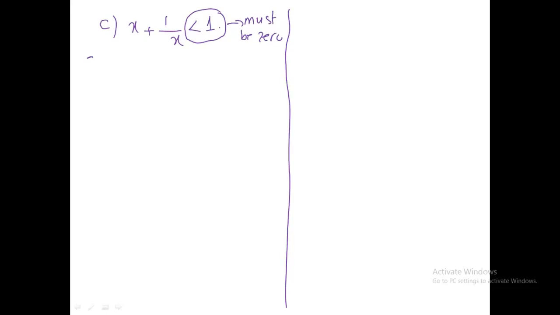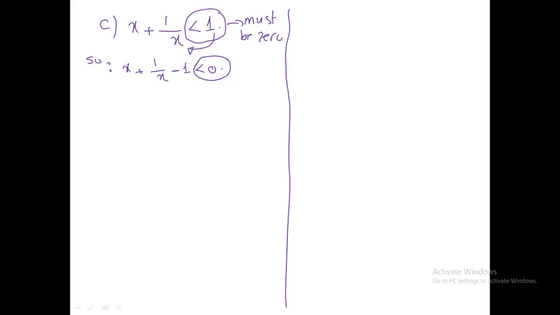Now part C, we have x plus 1 over x less than 1. First of all, the right hand side must be 0. So I will take 1 to the left hand side. It will become x plus 1 over x minus 1 less than 0.